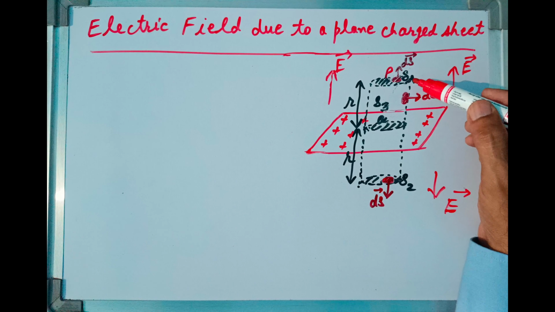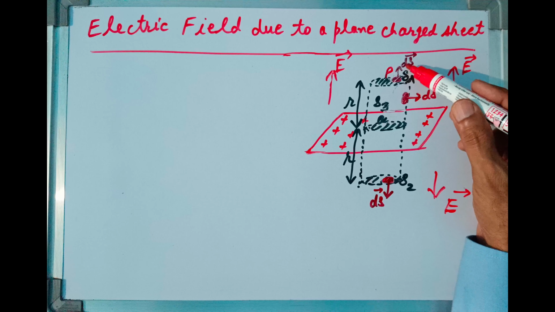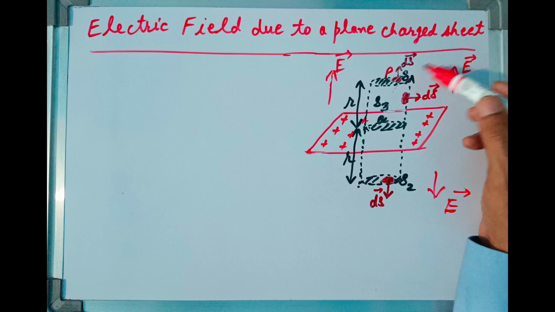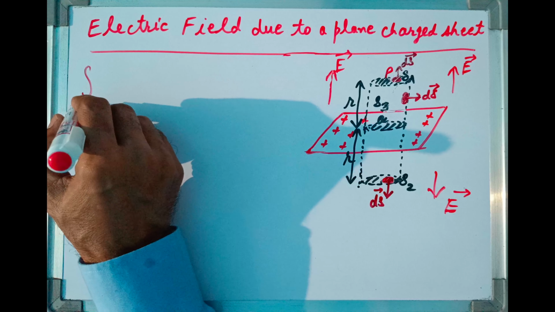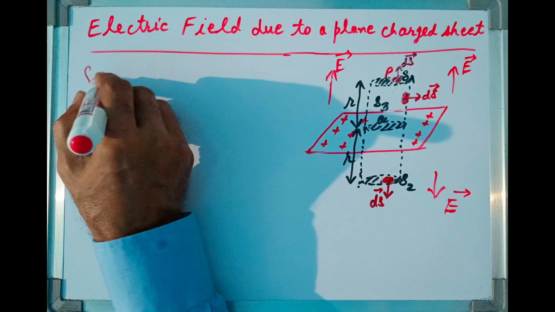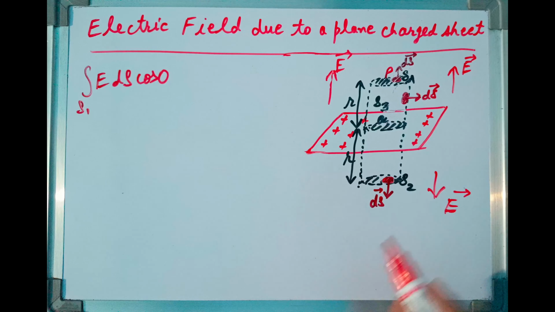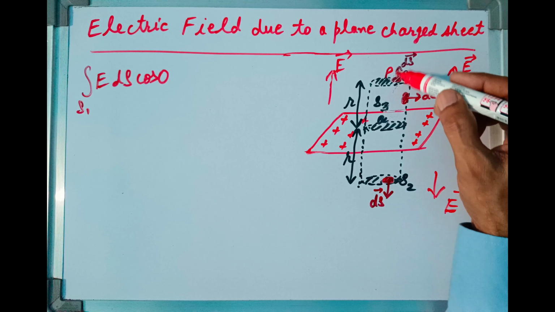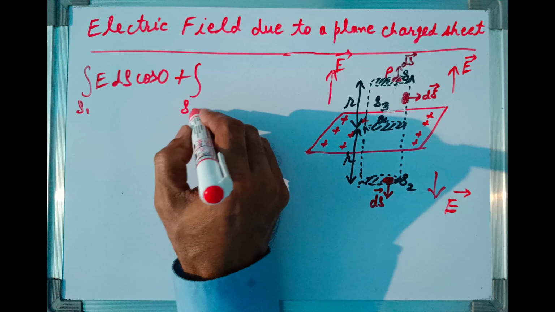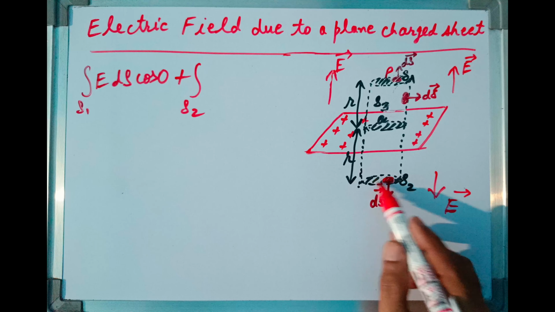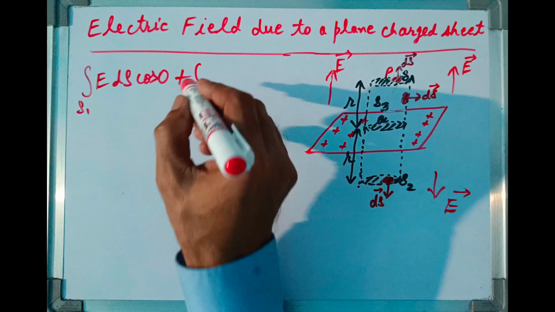In case of S1 surface, electric field and this area vector elementary ds vector are parallel to each other. So their dot product can be written as E ds cos 0, because angle between electric field and ds is 0. Similarly, in case of second surface area S2, this bottom area, ds vector and electric field are again parallel to each other.